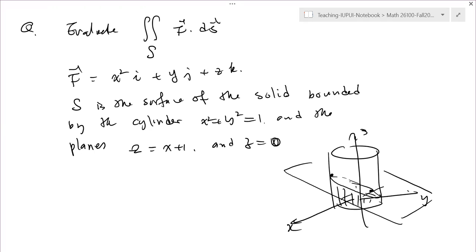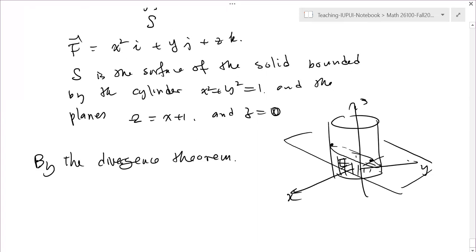It's too complicated. So what you do is use the divergence theorem.